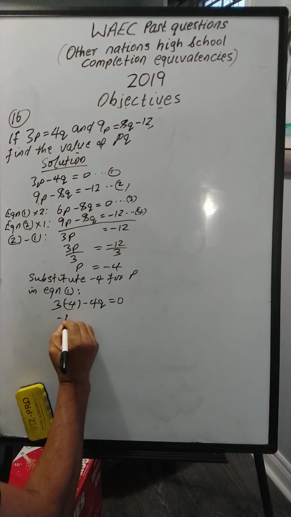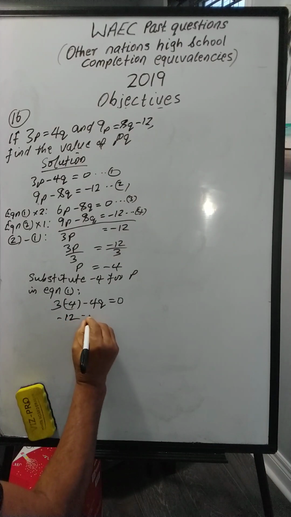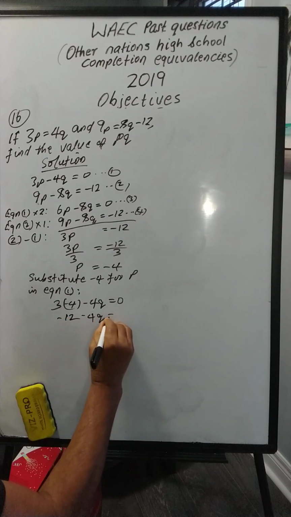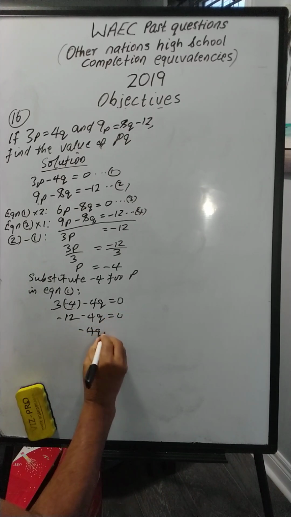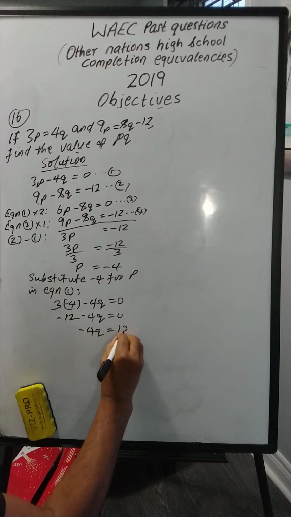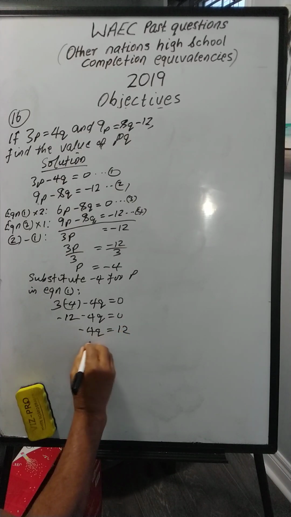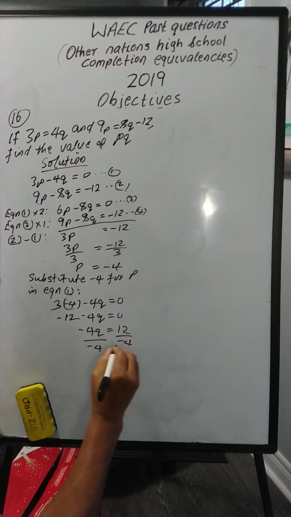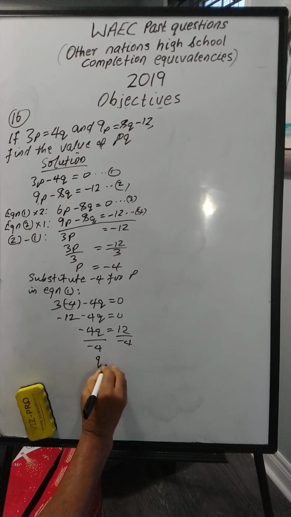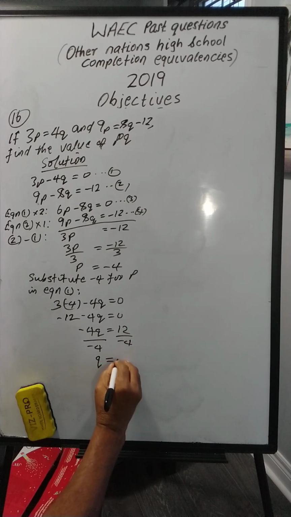This is minus 12 minus 4Q equal to 0. Therefore, minus 4Q is equal to 12. Divide by minus 4, divide by minus 4. So Q will give us minus 3.